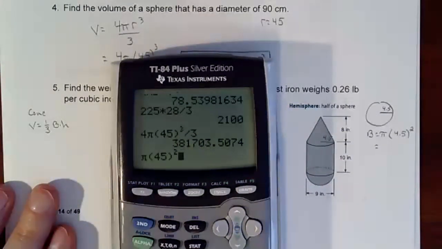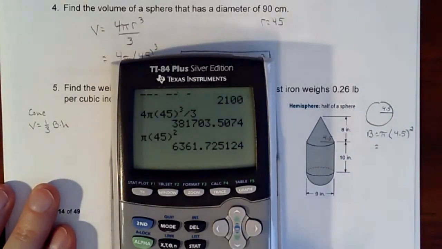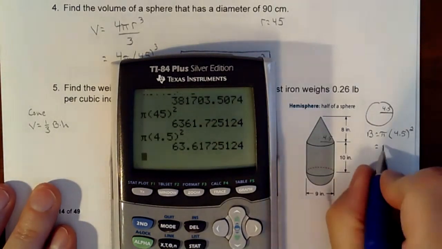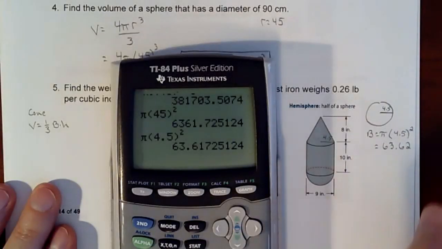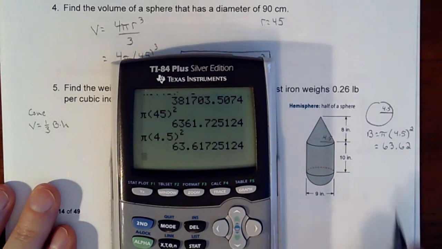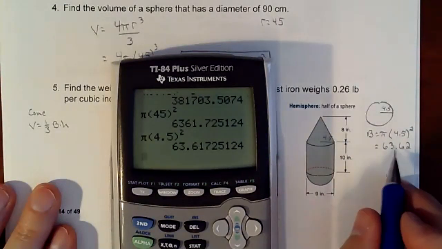Pi times 4.5 squared is 63.62. So both of these shapes will use the area of the base, and I'm going to keep referring to that value right there.